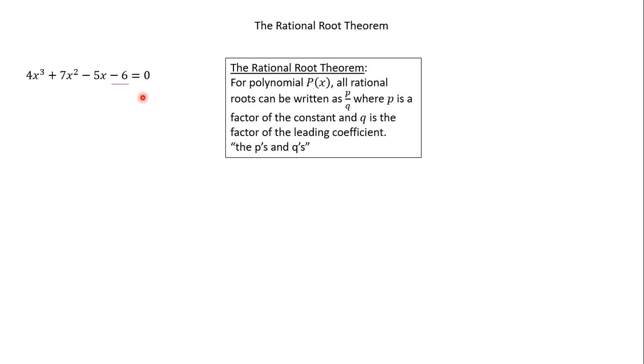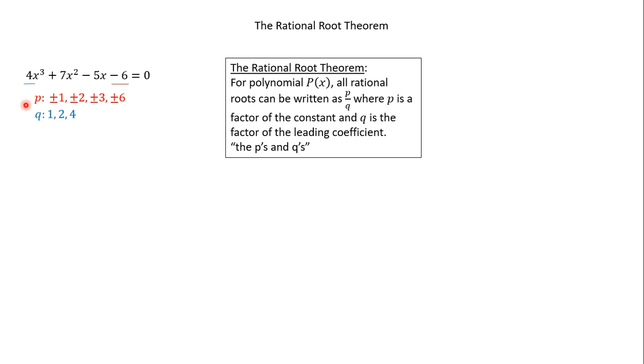Those are the p's. That would be 1, 2, 3, and 6. And it could be either positive or negative. And it doesn't matter that it's -6. Even if it's +6, it could be positive or negative. So we end up really with plus or minus 1, plus or minus 2, plus or minus 3, and plus or minus 6. And then the q's are going to be the factors of 4, which would be 1, 2, and 4.